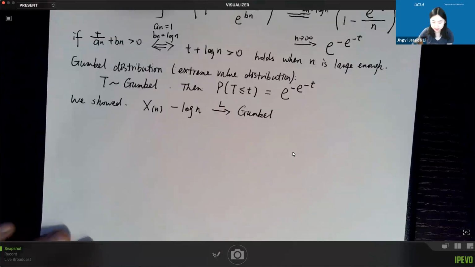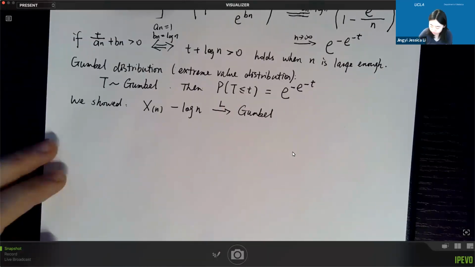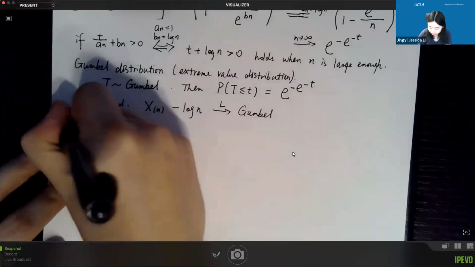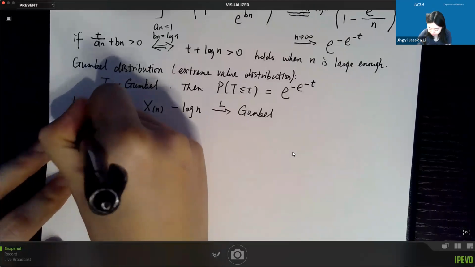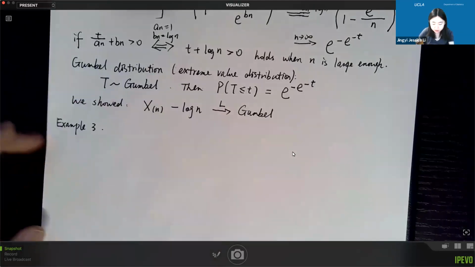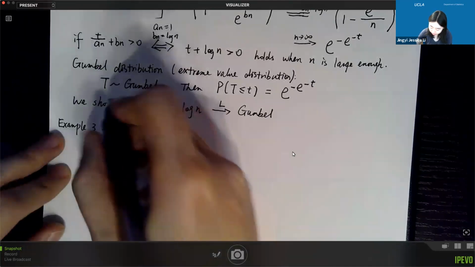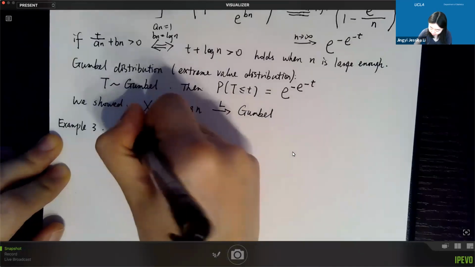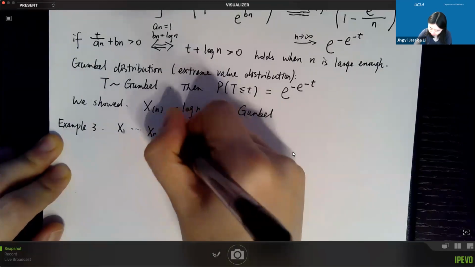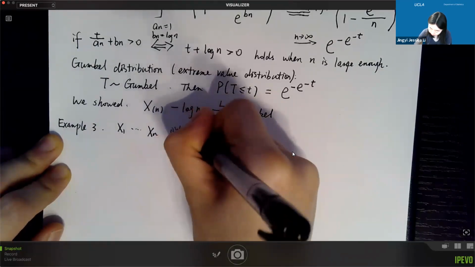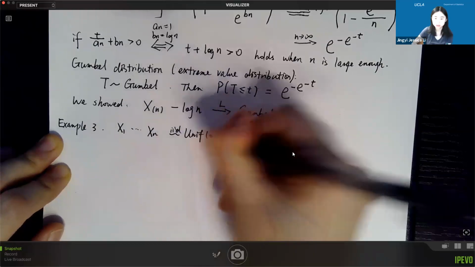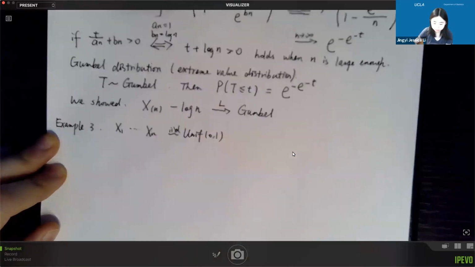Yeah, that's right. Okay, now let's move on to example 3. We're back to the uniform setting. Here we are going to give you an interesting statistic that depends on 2 extreme order statistics. So we define x1 to xn i.i.d from uniform 0 to 1, the standard setting.